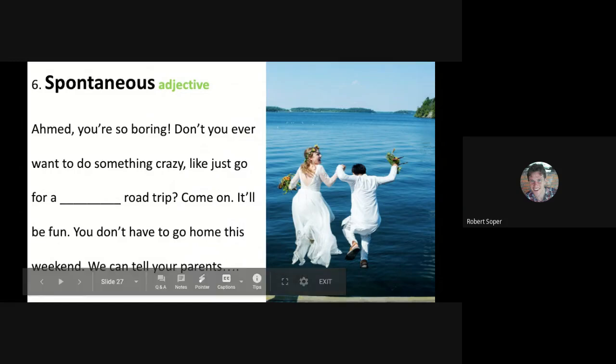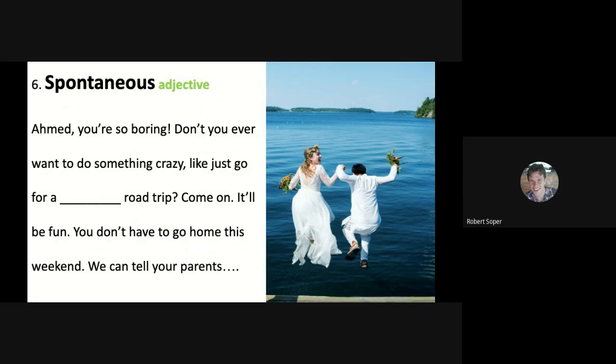And all of a sudden, the groom decides to grab hold of his wife and dive into the water. He didn't think about it at all. He just decided to do it on the spot. So it's a spontaneous action. It wasn't expected or planned for.